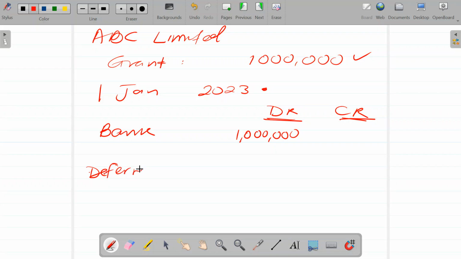But we call it deferred income, because we have not used the money yet. We are going to use this later. So that's why we are using deferred. So you debit your bank, credit deferred income. Good.